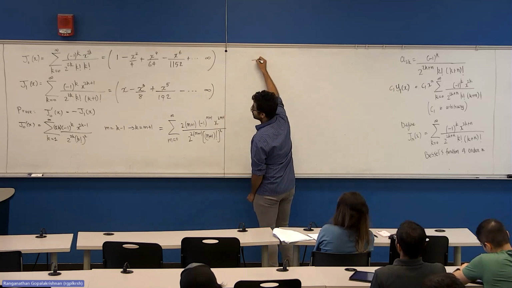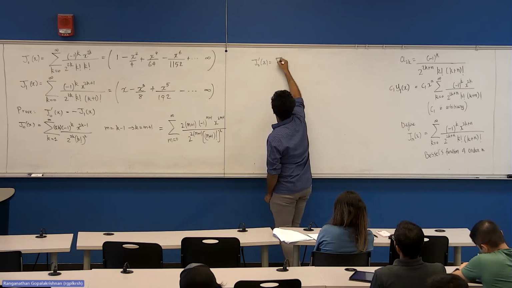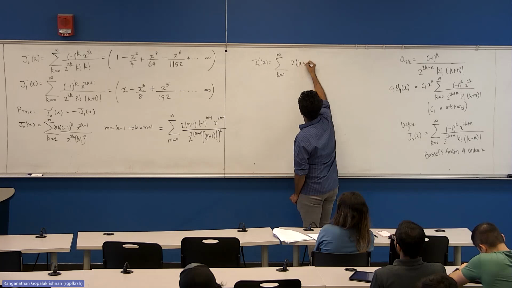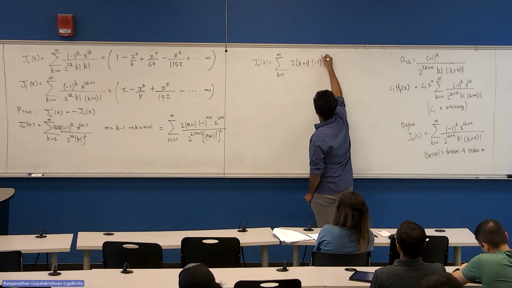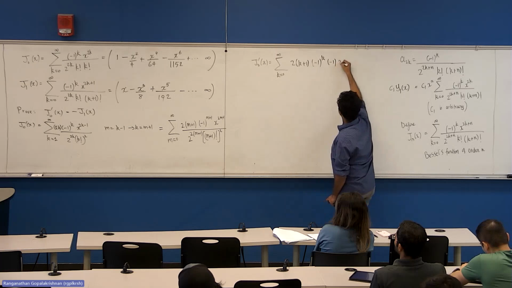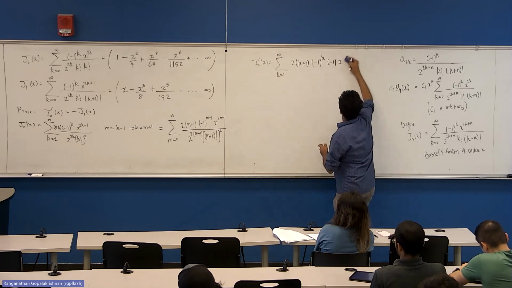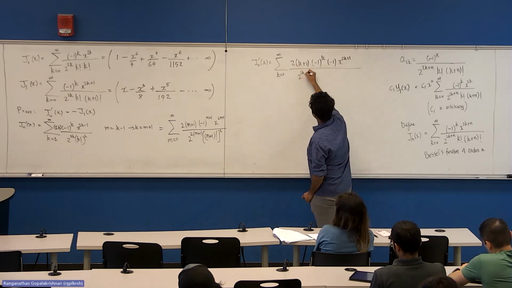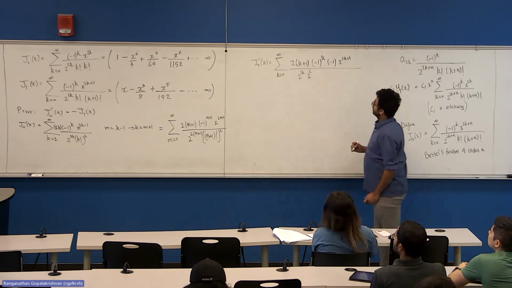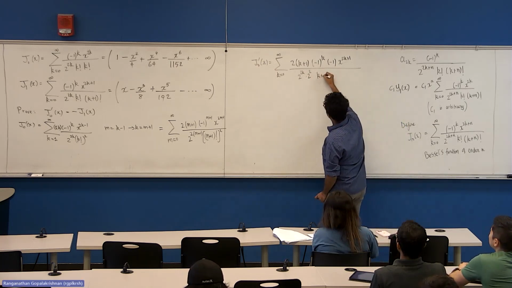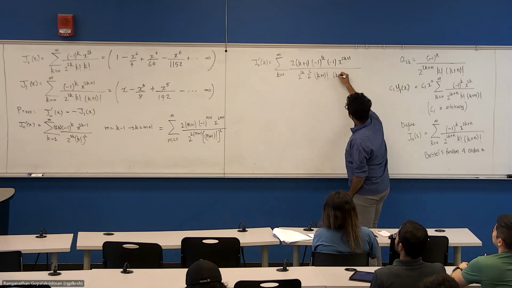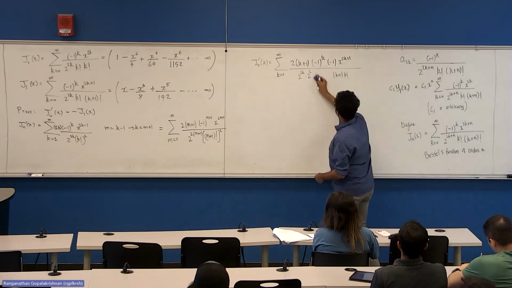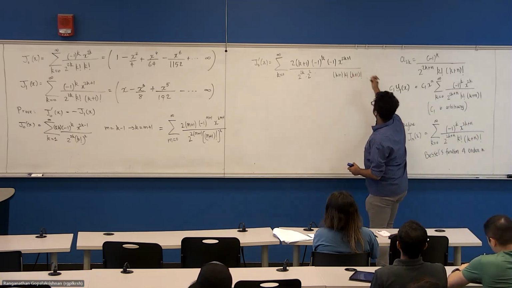So this is J naught prime of x equal to the sum from k equals 0 to infinity of 2 times k plus 1, times minus 1 power k, times x power 2k plus 1, divided by 2 power 2k times 2 squared, multiplied by k plus 1 factorial times k factorial.